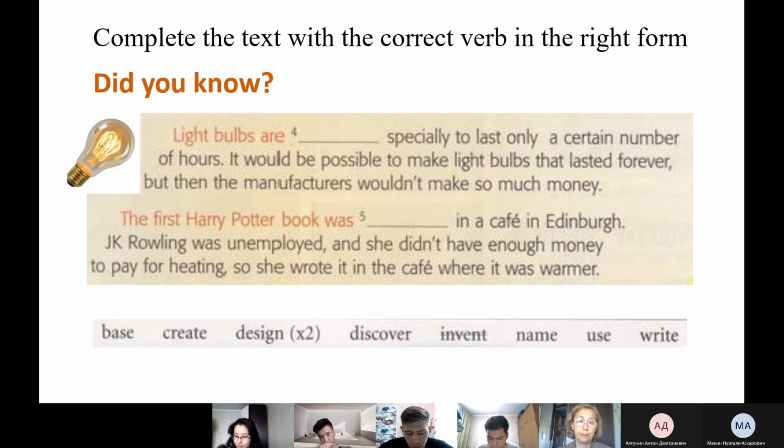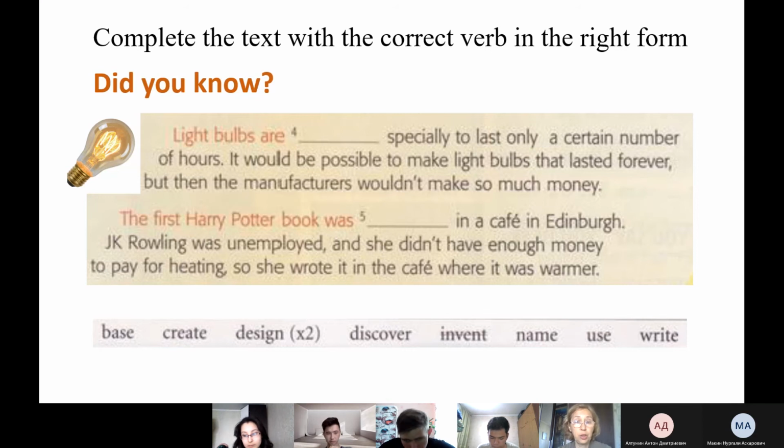It would be possible to make light bulbs that lasted forever, but then the manufacturers wouldn't make so much money. So you think they are created especially.